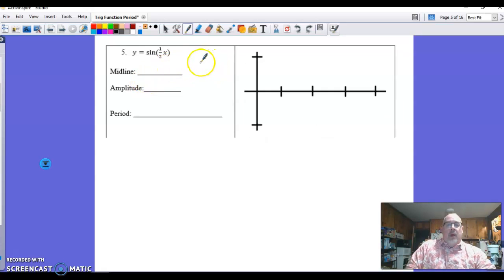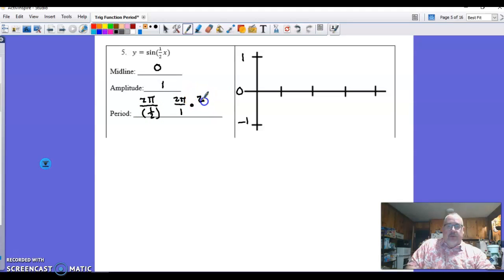All right, so back to a sine, but it's 1/2 x. So again, your midline, 0, amplitude is 1, 0, 1, -1. But now it would be 2 pi divided by 1/2. Whenever you're dividing by a fraction, you can make that into 2 pi over 1 times the reciprocal of your fraction.